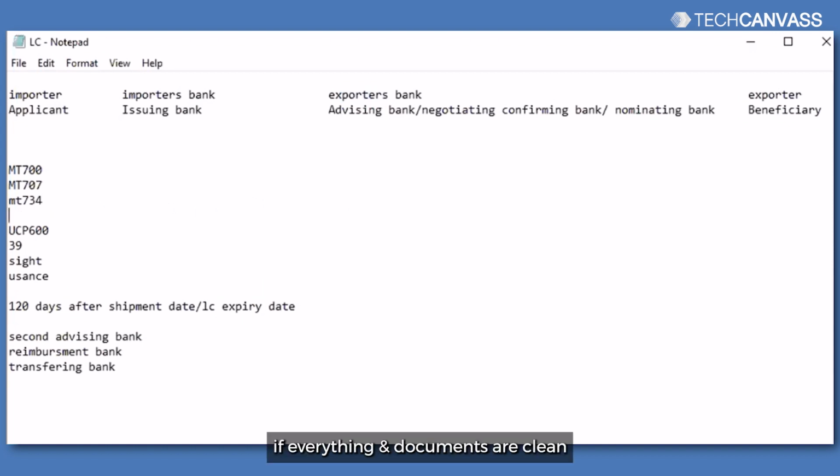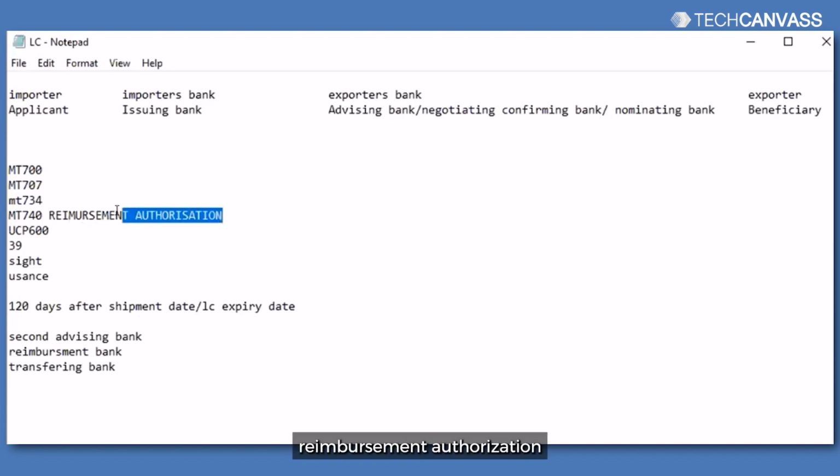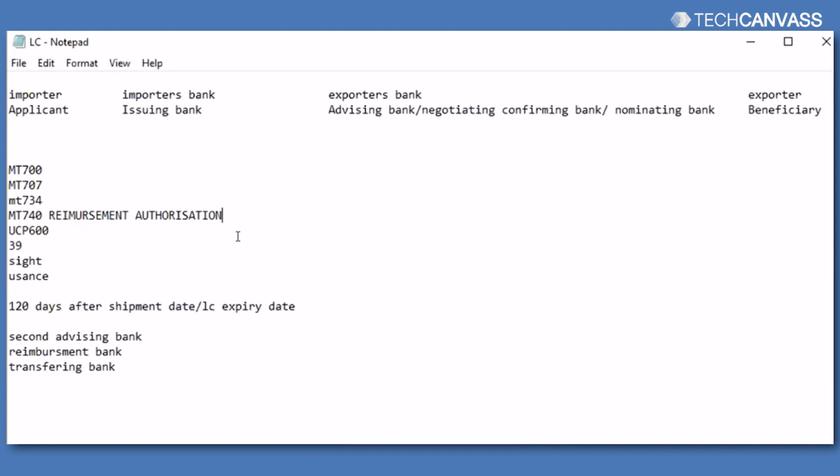If all the documents are clean, the issuing bank will send MT 740. MT 740 is the reimbursement authorization. It gives authorization to the reimbursement bank, and the issuing bank will mention in it the exporting bank name, the amount that needs to be paid, the maturity date, and everything.